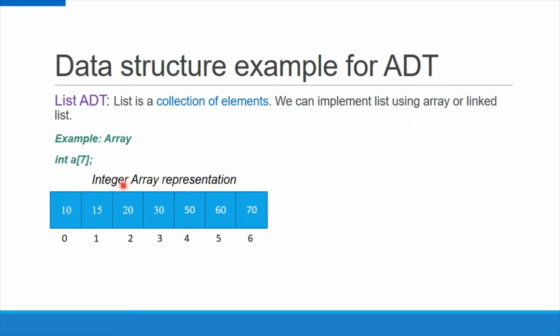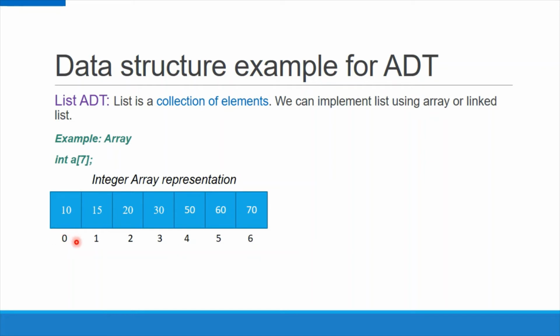Since it is an integer array, it can hold only integer values: 10, 15, 20, 30, 50, 60 and 70. I call these array elements. And the 0, 1, 2, 3, 4 are my array index values.